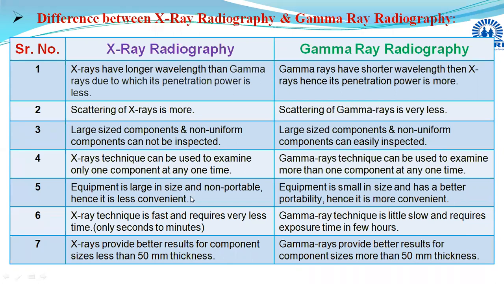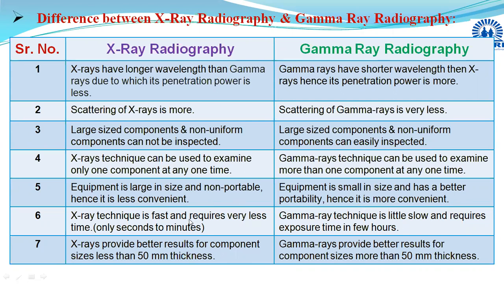The equipment used in X-ray radiography is large in size and not portable, so it is less convenient. But in gamma ray radiography the equipment is small in size, has better portability and is more convenient.